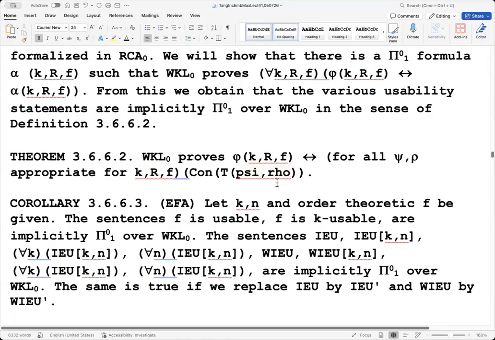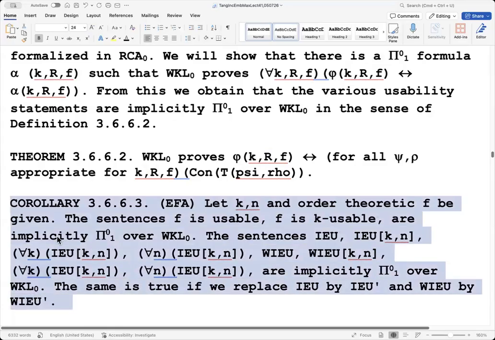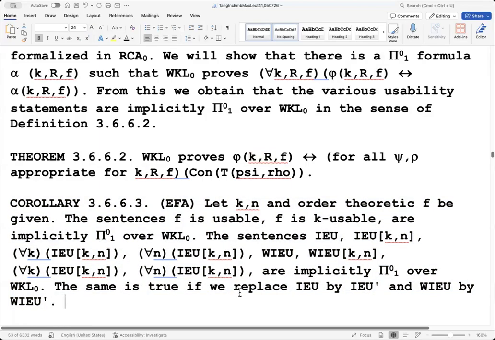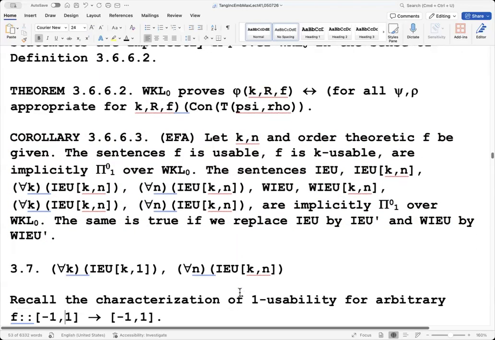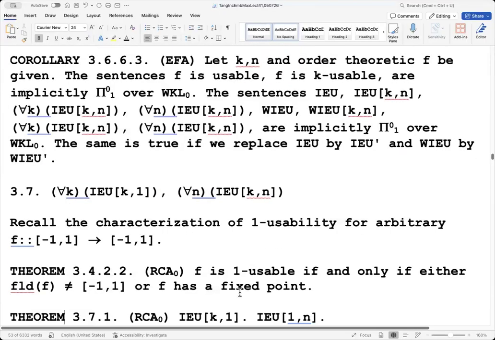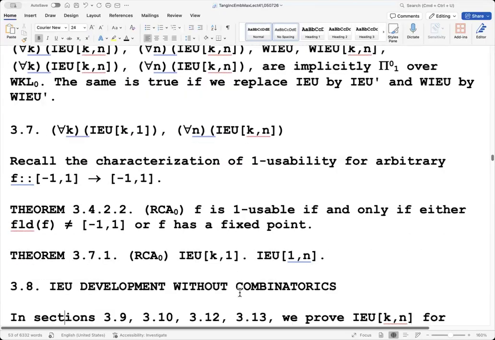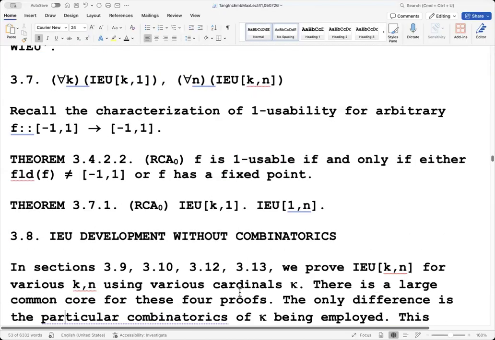It's actually of this form. And then you can use that to argue that all of this stuff is pi 0 1. It's from implicitly pi 0 1. Everything in sight is implicitly pi 0 1. Now, these are trivial, as I said.